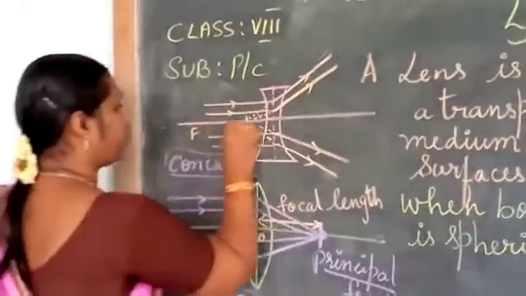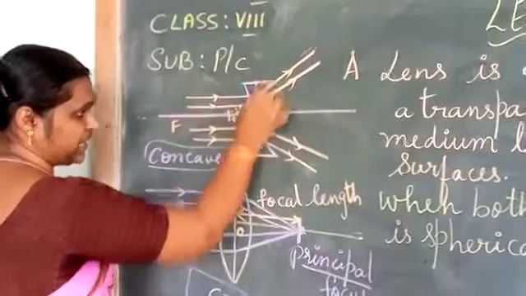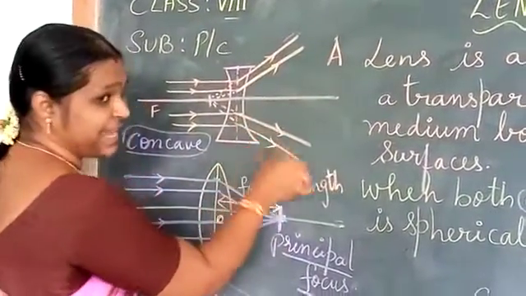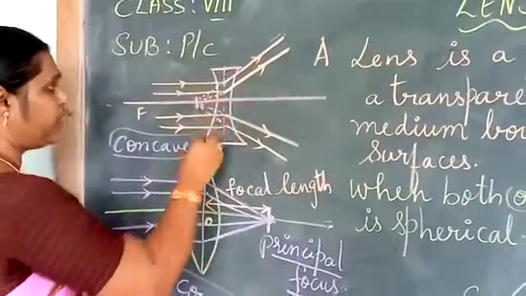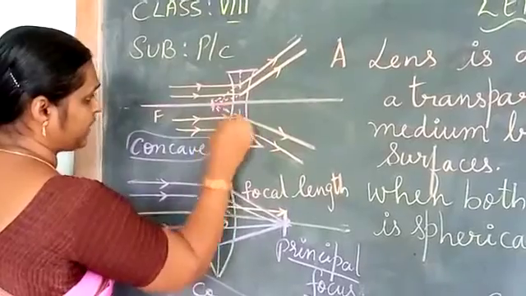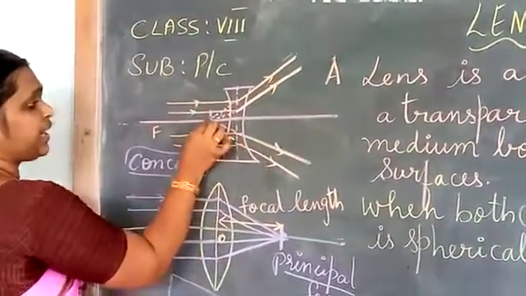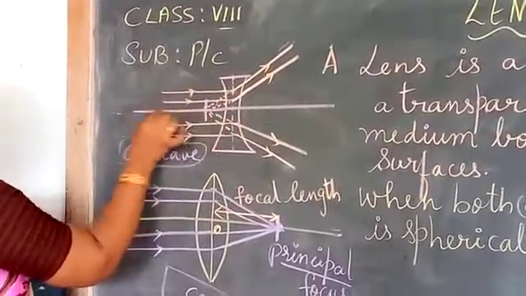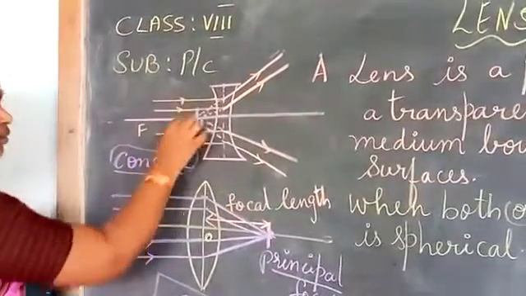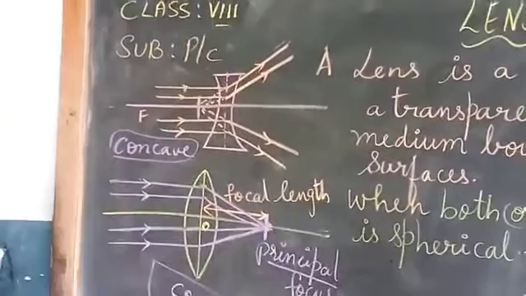When a beam of light rays falls on the concave lens, it diverges, meaning it gets scattered. When you extend those rays, as I have shown with the dotted line, they all meet at one particular point on the principal axis. That point is called the principal focus. I think you have understood.